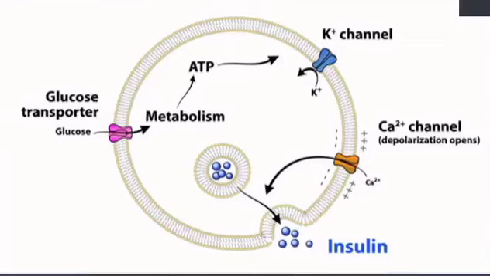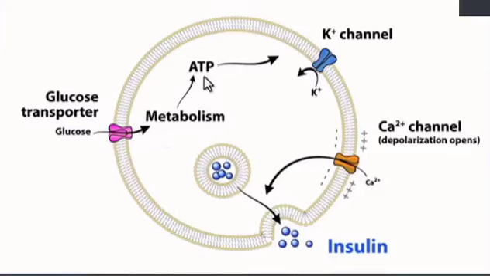So we're looking now at a schematic drawing of a beta cell. And here we see glucose entering through a glucose transporter, and these glucose transporters are found throughout the cell membrane. But glucose enters the cell, and the glucose is metabolized to cause a rise in ATP.